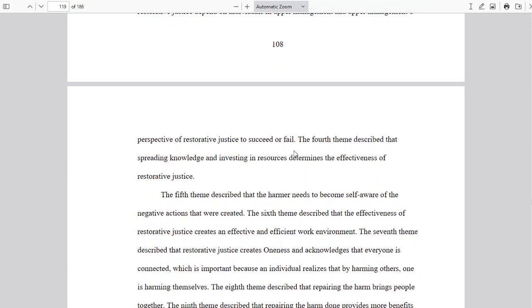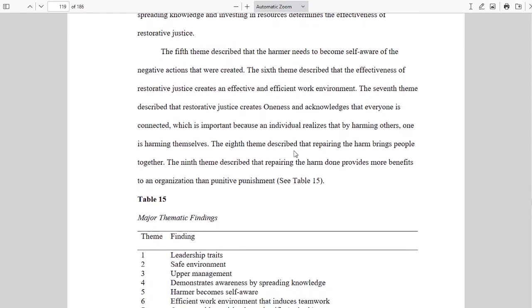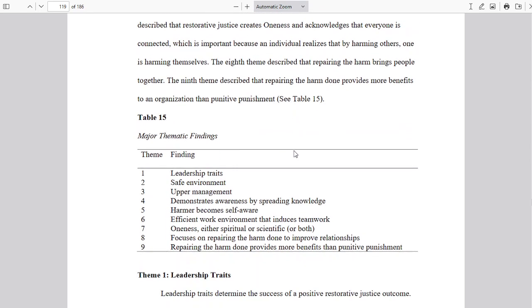And so I'll go through each of the 9 themes, and then I create a table that shows leadership traits, safe environment, upper management, demonstrates awareness by spreading knowledge, harmer becomes self-aware, efficient work environment that induces teamwork, oneness, either spiritual or scientific or both, focuses on repairing the harm done to improve relationships, and then repairing the harm done provides more benefits than punitive punishment.